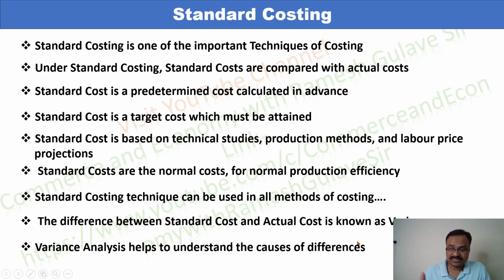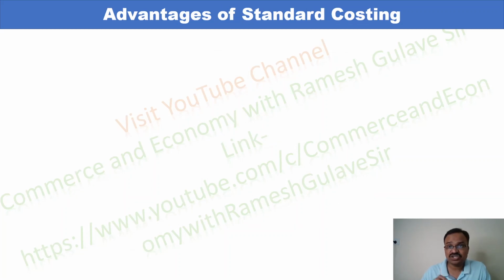In the next slide, we are going to discuss the importance or advantages of standard costing. What are the advantages of standard costing, or what is the importance of standard costing? We can understand the importance of standard costing with the help of the following points. First point says cost control, right?